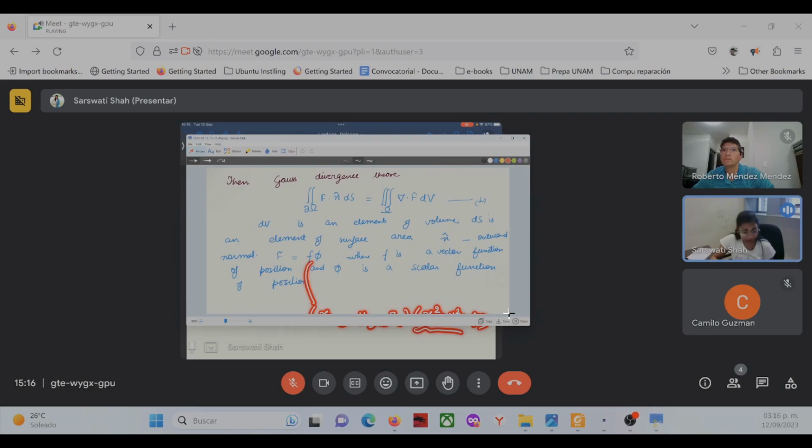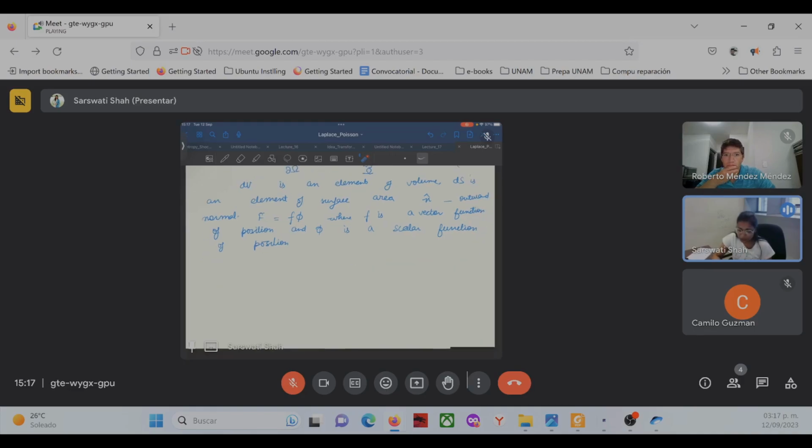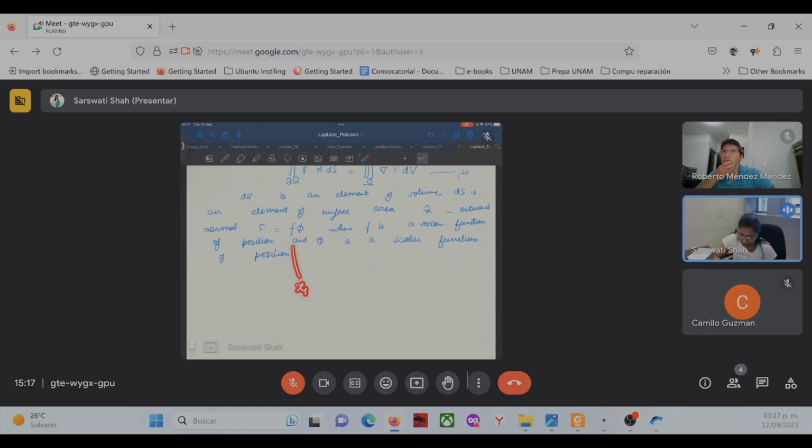So this is a scalar function, and this is a vector. So f is a vector function of position. If I choose any position in 3-dimensional space, f is a vector function of position, multiplied with a scalar function. So you can simply write it like x1 phi, y1 phi, z1 phi. This is also a way you can express it.